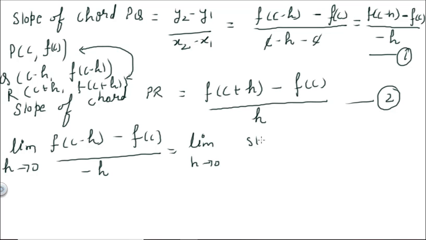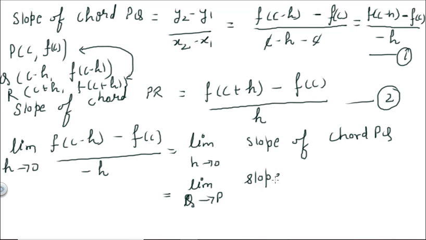This is the slope of chord PQ. Now h tending to 0 means the point Q is very close to P, it is tending to P only. So I can say that point Q tending to P also shows the slope of chord PQ.